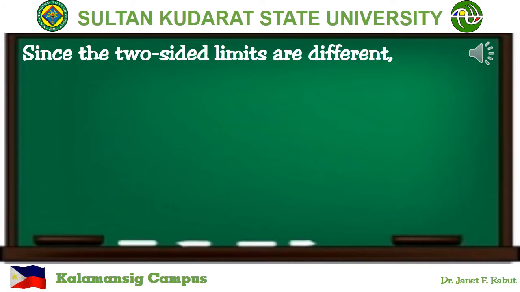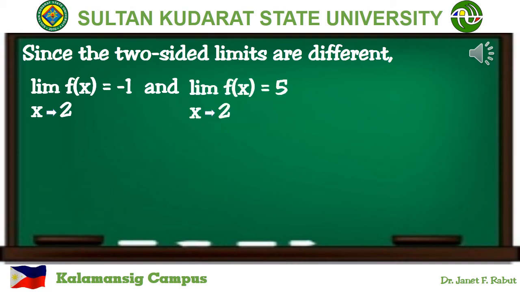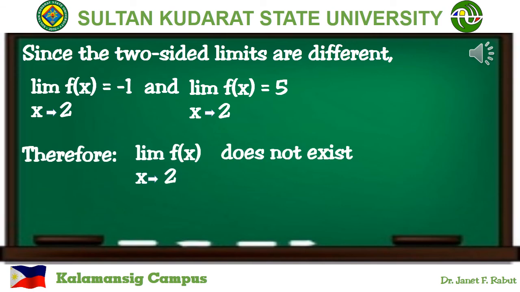Then again, we can see the limit of f of x when x approaches 2 from the left of a is equal to negative 1, and the limit of f of x as x approaches 2 from the right of a is equal to 5. Therefore, the limit of f of x as x approaches 2 does not exist.